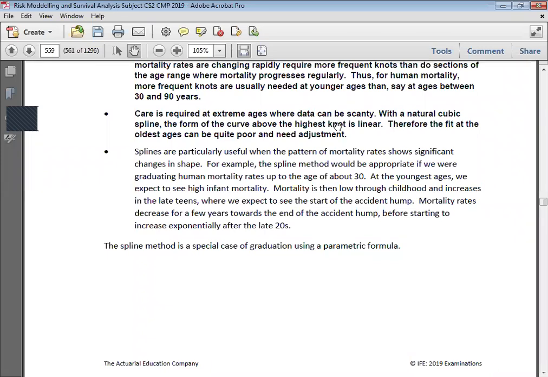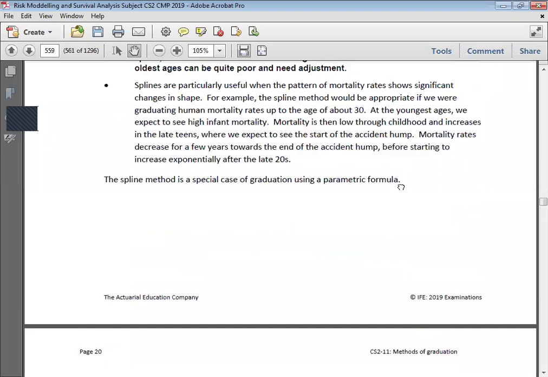So it might not always be appropriate to use that. And you should be careful whenever you're talking about the extremes, because you will not always have a lot of data available at the extremes. Whatever you have fitted at the extremes is based on a very small amount of data, and the reliability of that decreases as you have less data available. So here they have just said it: the spline method is a special case of graduation using a parametric formula, because you define so many intervals and you define different formulas for all of these intervals.